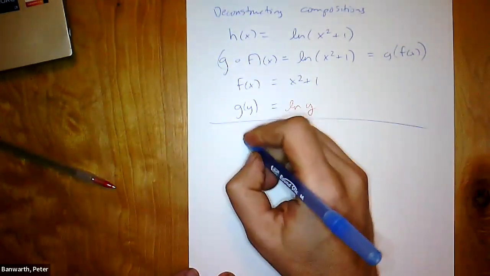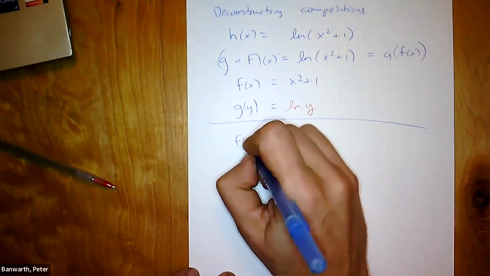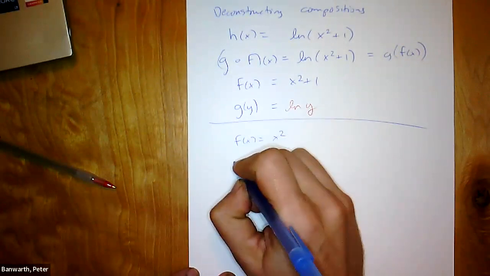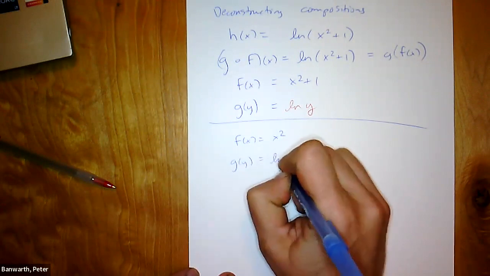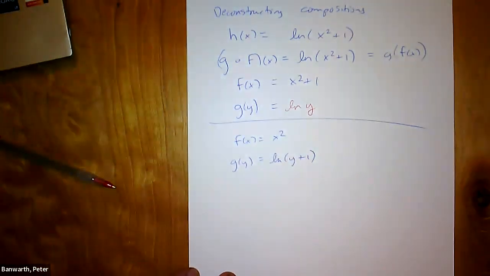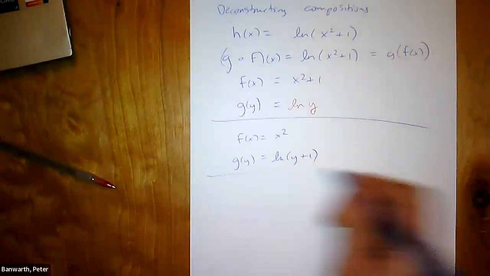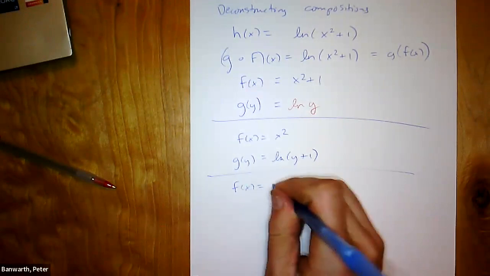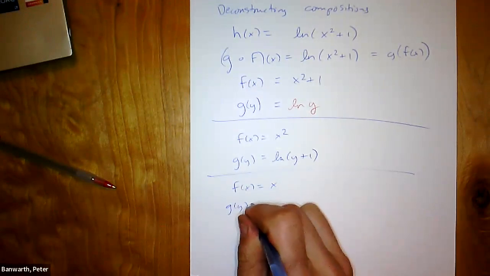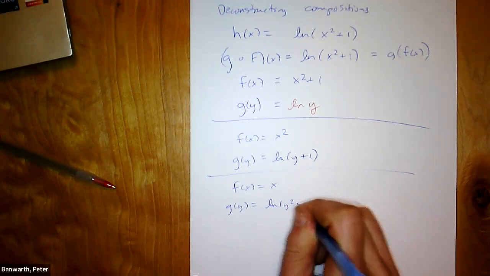Or maybe I just want my inner function to be x squared, and then my outer function would be natural log of y plus 1. Those are both okay. What we won't accept is f of x equals x and g of y equals natural log of y squared plus 1.